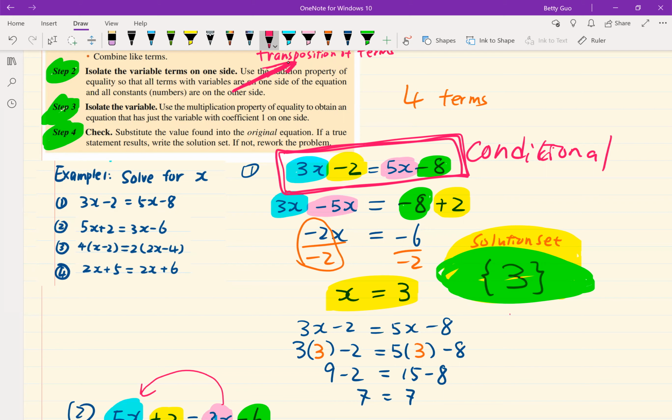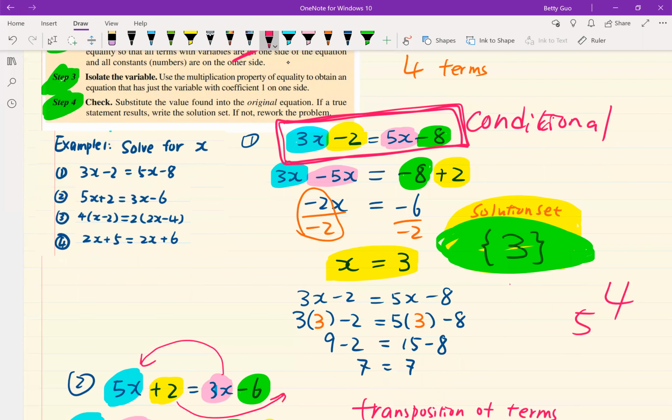You see what I'm saying? So the equation is true under a certain condition. The equation is true under the condition that x equals 3. If x equals other numbers, you can try 4, 5, 3.5, -1, any other values would not make the equation true. Only 3 could make that equation true. So that kind of equation is a conditional. Same with number 2.